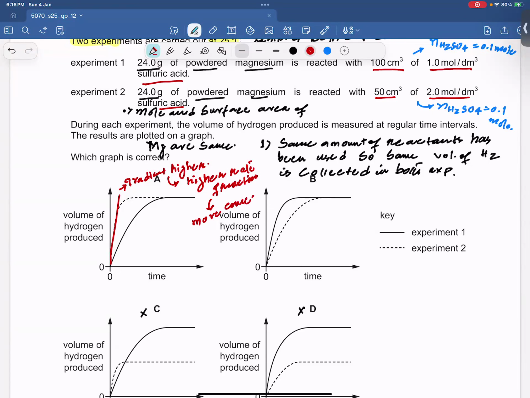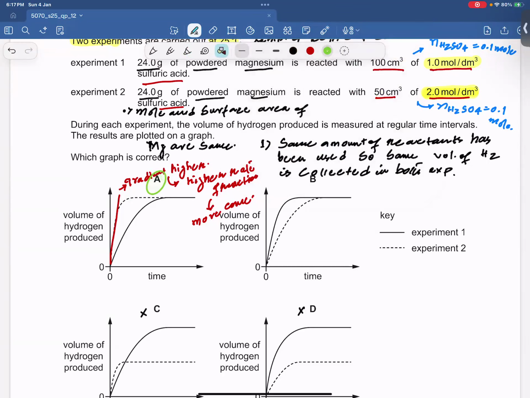So experiment 2 has a higher concentration, while experiment 1 has a lower concentration. Experiment 2 has a higher concentration, which is why the number of reacting particles increases, and so the rate of reaction increases, which is why it has a higher gradient. So I believe A is going to be the right answer.